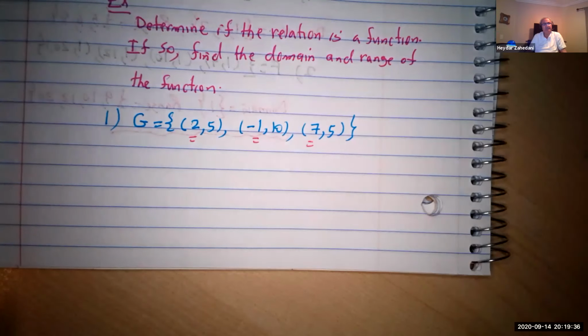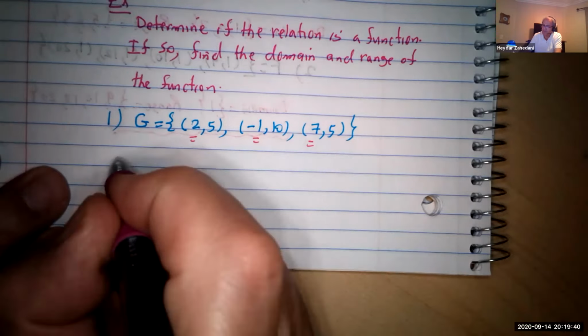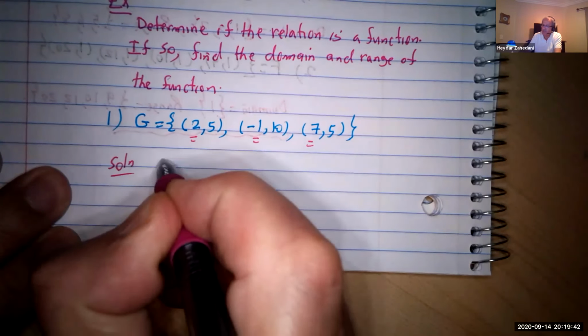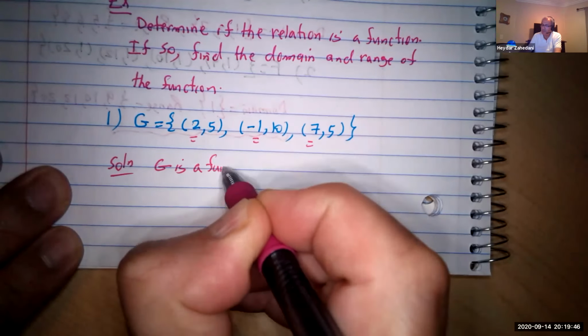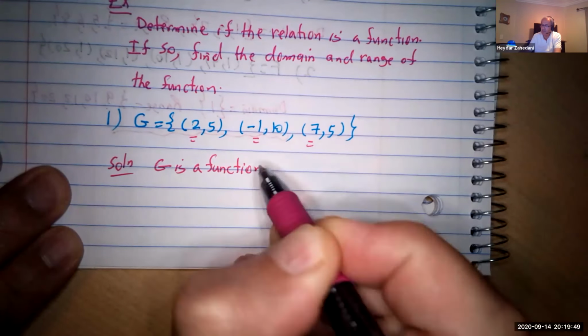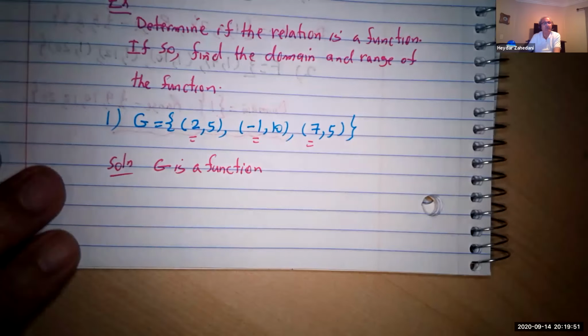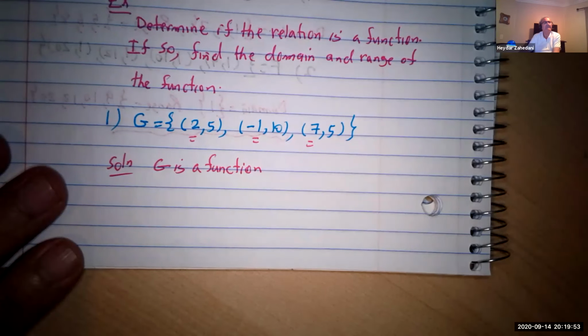So it's a function. In this case, the solution: G is a function. I've given this one on a test and some people miss it. They just focus on the 5. No, it's the first component. No sharing for the first.